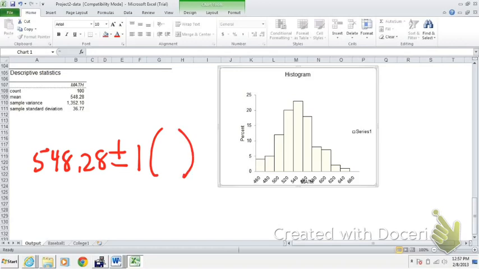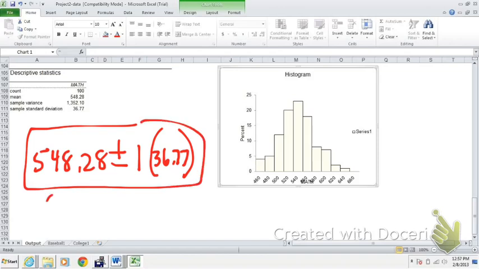So your standard deviation is 36.77. You can literally compute that interval, the bounds on that. So bound 1, comma, bound 2. So you're literally going to type in 548.28 plus 36.77, and then 548.28 minus 36.77.